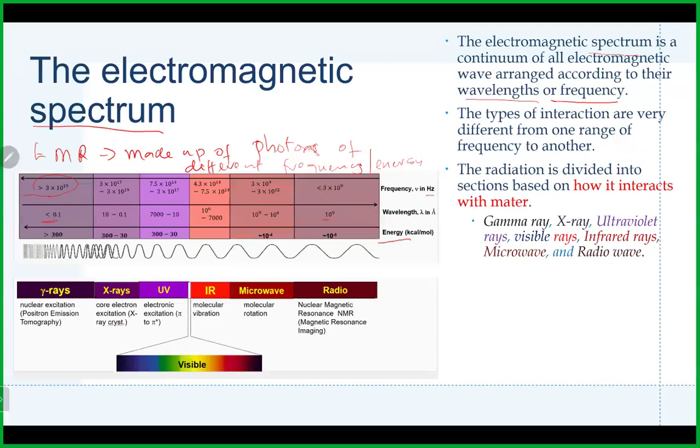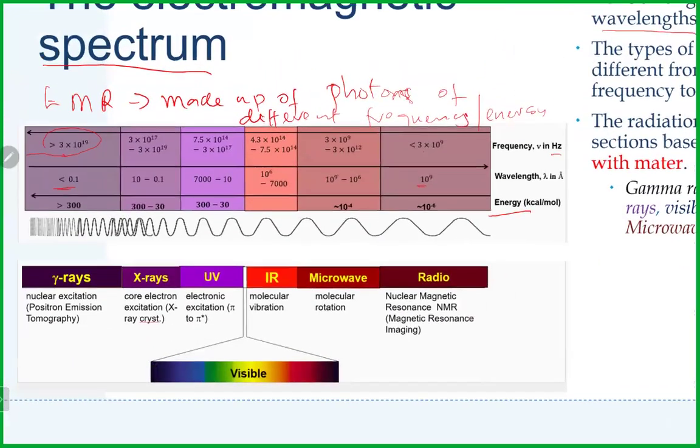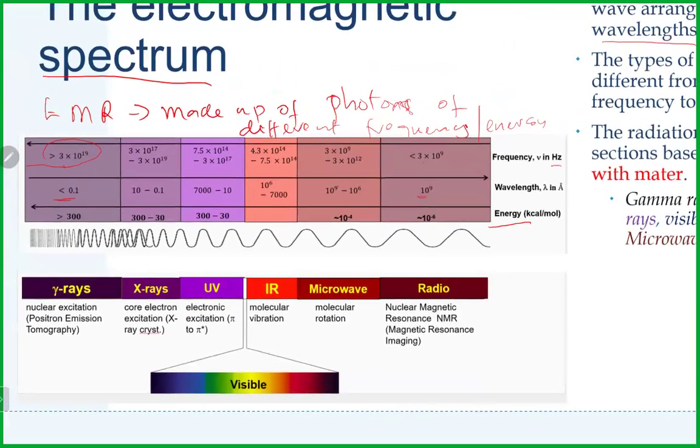For example, as we have noted here in our picture, there's a certain frequency range which I've marked, 3 times 10 to the 9 to 3 times 10 to the 12 per second. If you put a particle there, it leads to molecular rotation.